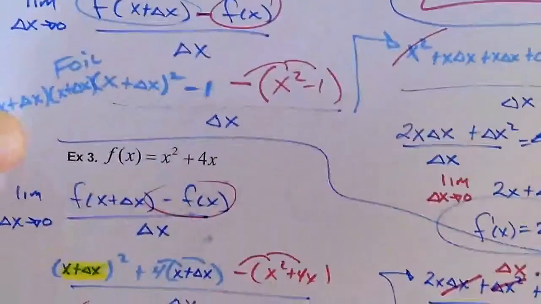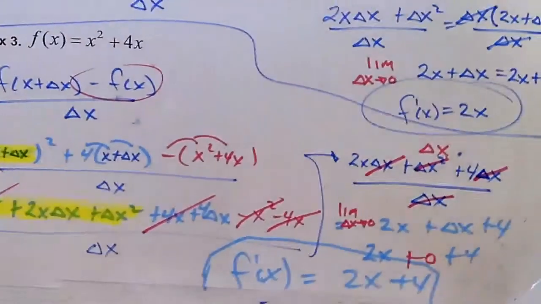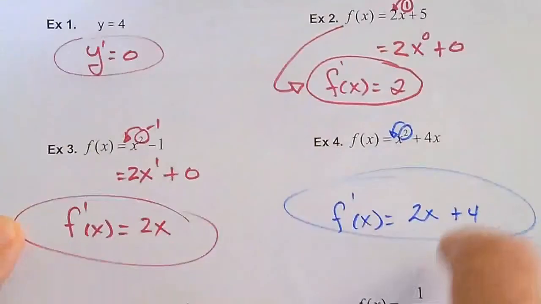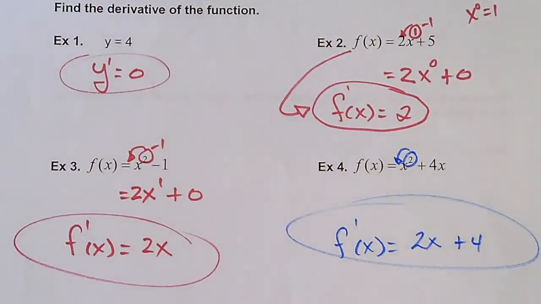Again, crazy thing. We go back to our notes from yesterday or Friday. We did f of x equals x squared plus 4x. We did all this work. We got the same answer. Right? Don't really need to do that work anymore, do you? We know the power rule. Any questions on how I got 2x plus 4?